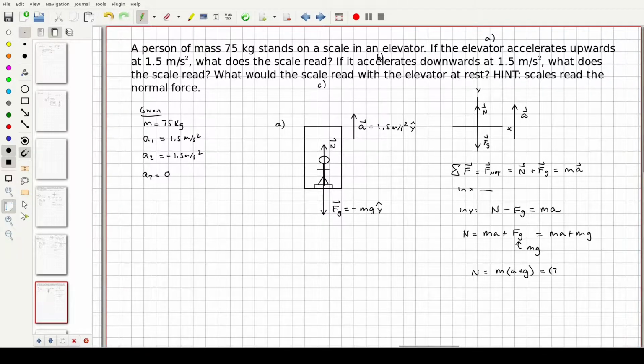So, 75 kilograms times 1.5 meters per second squared plus 9.8 meters per second squared.